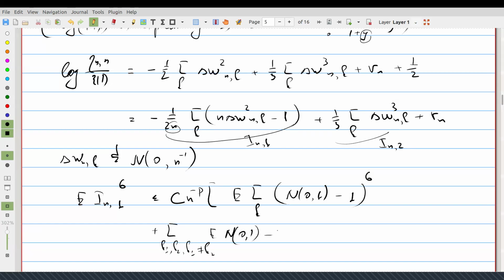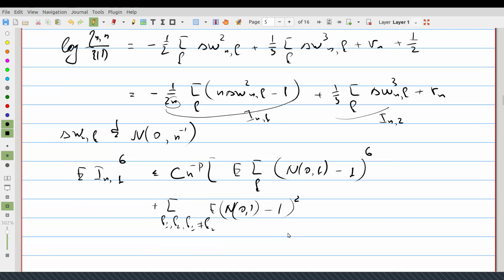I'm using the properties that such expressions, these things, are independent on independent intervals. Squared, sorry, square. This is square, this is minus 1.